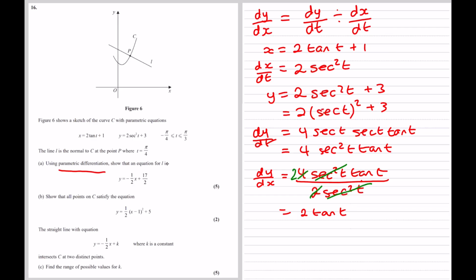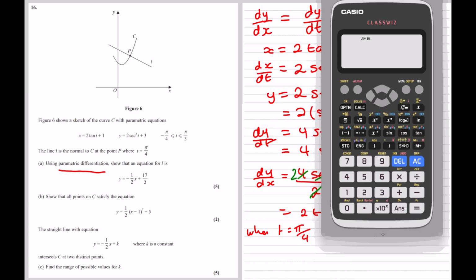When t is pi over 4, we're going to have 2 tan pi over 4. Make sure the calculator is in radians.